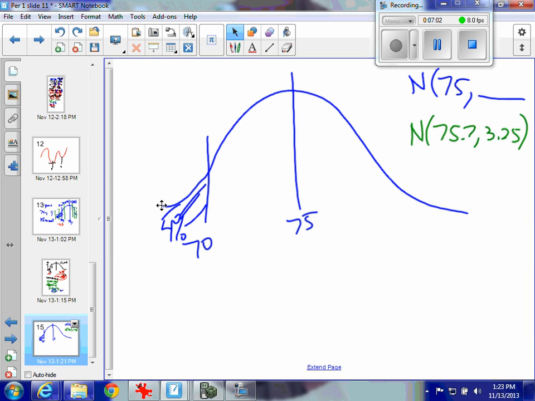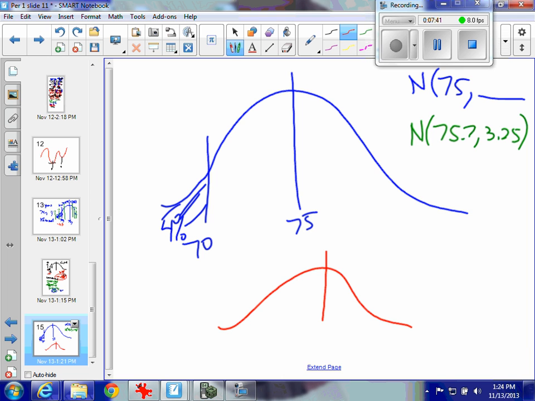So how did they do that? They did that by changing the standard deviation of the tomatoes. They made them more consistent. Are you with me here? Just to go to an extreme, if my mean tomato was 75 and my standard deviation was 0, how many tomatoes would pass the 70-gram test? Here's my normal model.